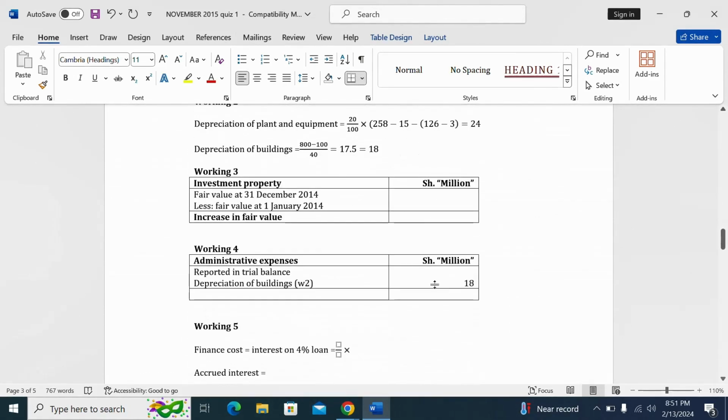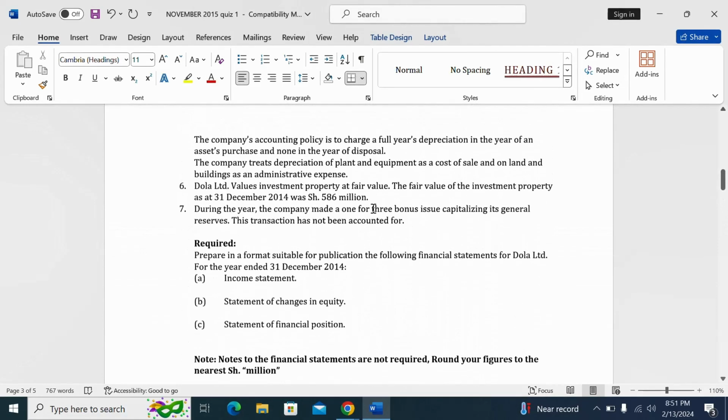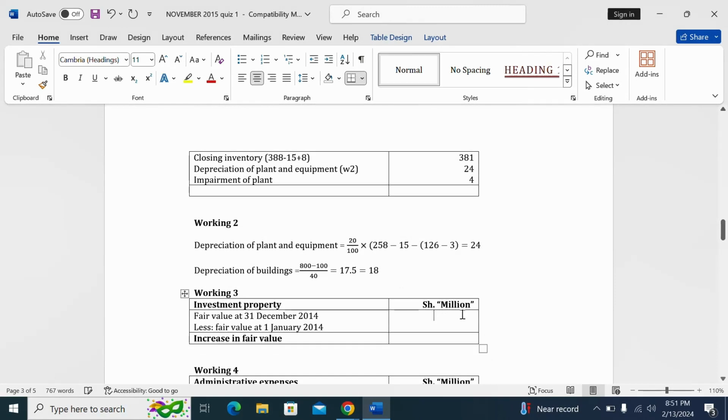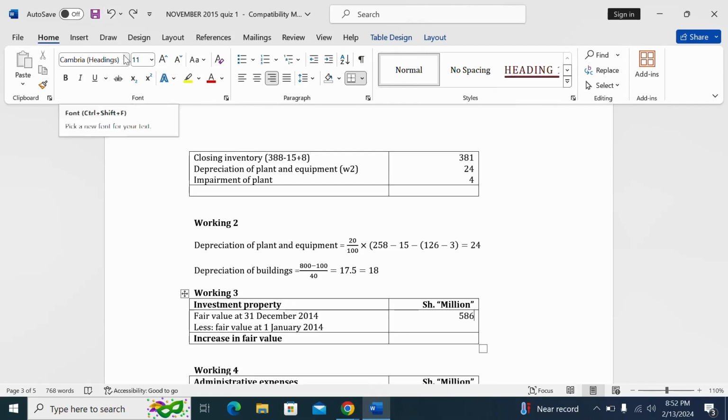Therefore, we come here, investment property. The fair value at the end of the year is 586. We put 586 here, and at the beginning of the year, from the trial balance, we have seen it is 548.